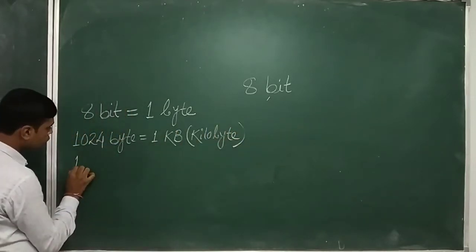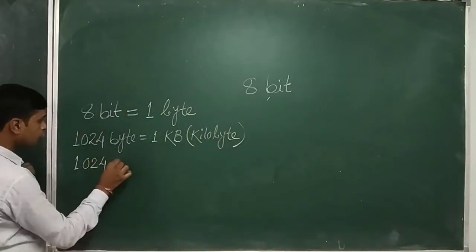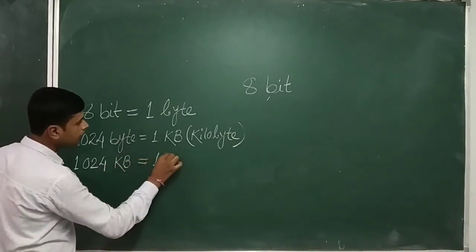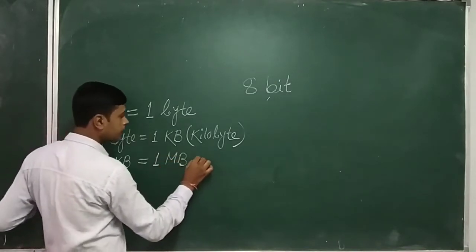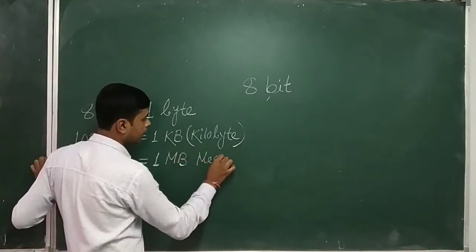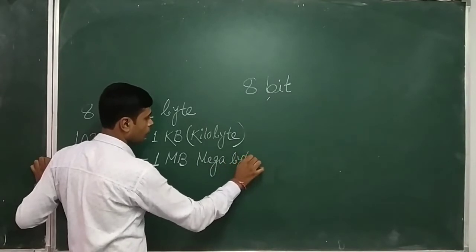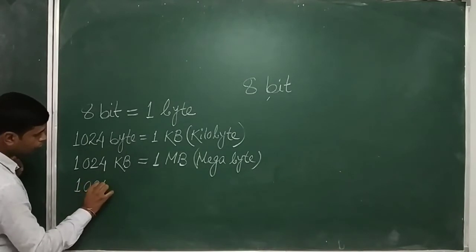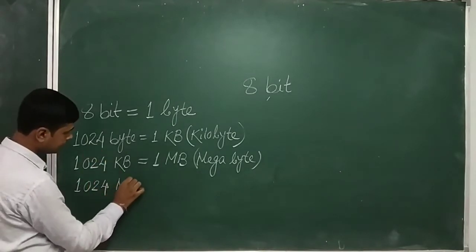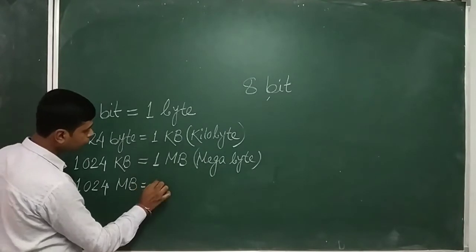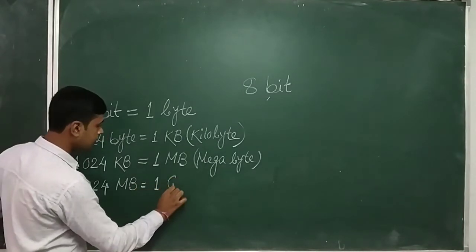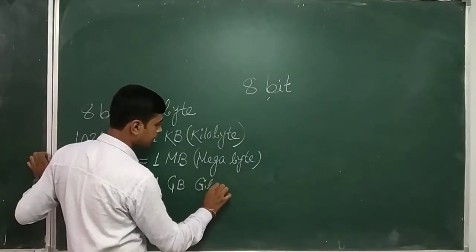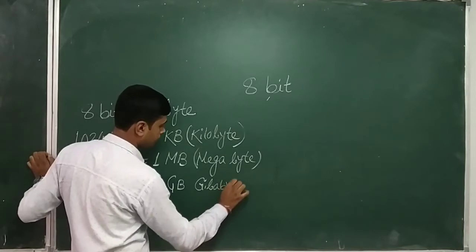Next, 1024 KB is equivalent to 1 MB. MB means megabyte. Next, 1024 MB is equivalent to 1 GB. GB means gigabyte.